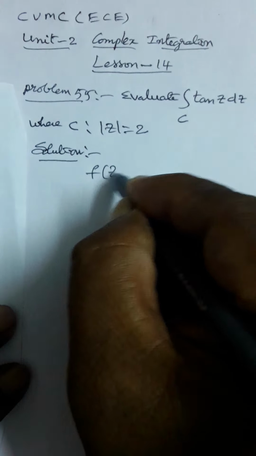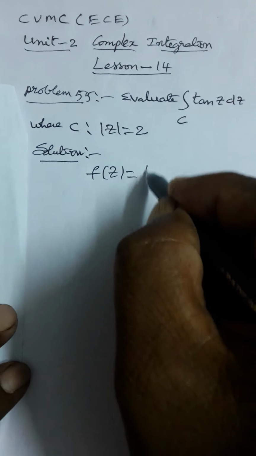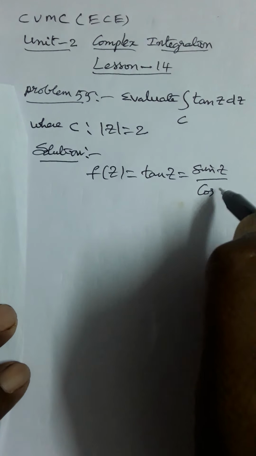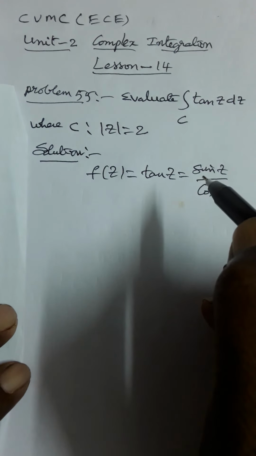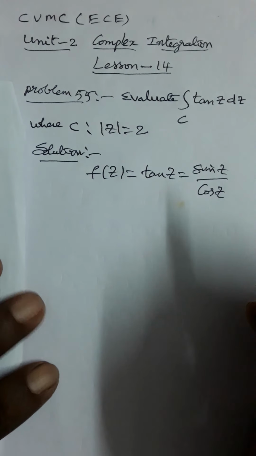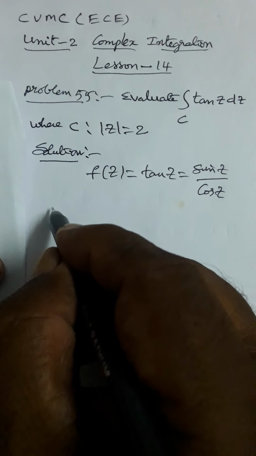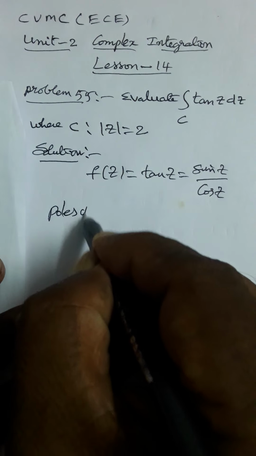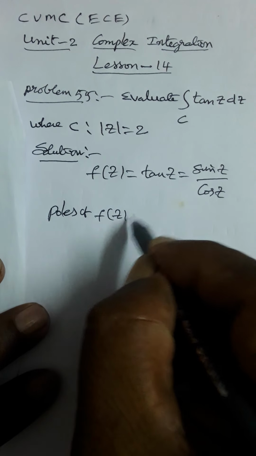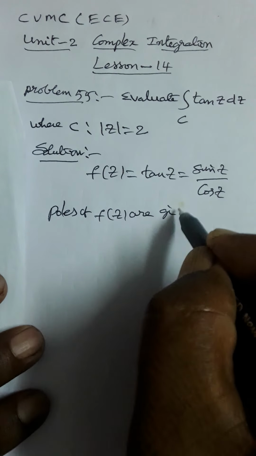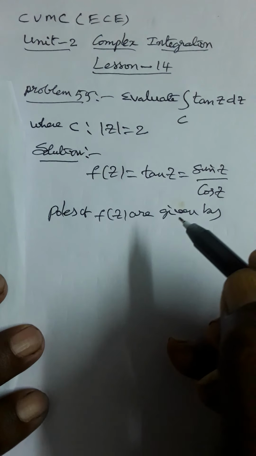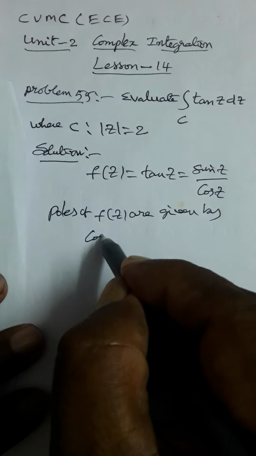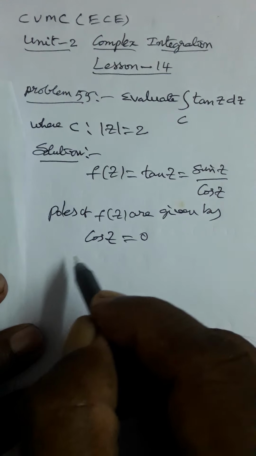f of z is equal to tan z, which is equal to sin z by cos z. Poles of f of z are given by cos z is equal to 0.